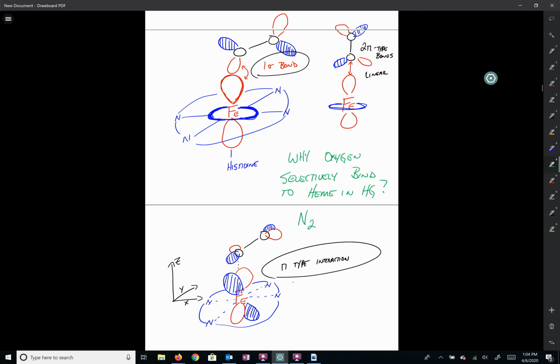Plus, there are filled orbitals and unfilled orbitals, meaning the electrons are in a different position, which means that nitrogen could, in theory, only bind in a linear fashion. It could bind in a linear fashion, but it's not going to. So nitrogen is excluded by sterics and electronics.